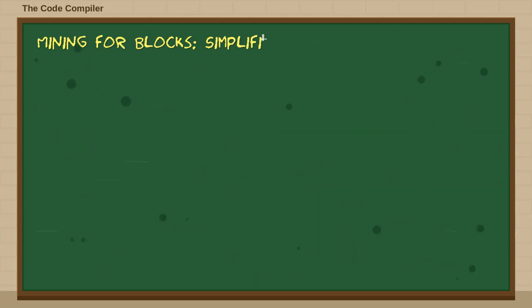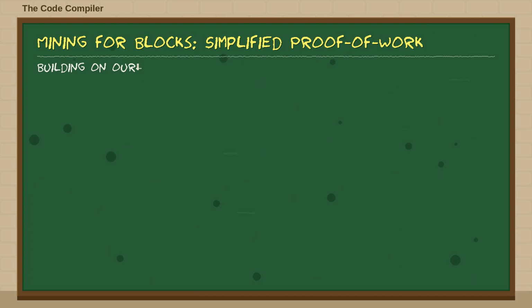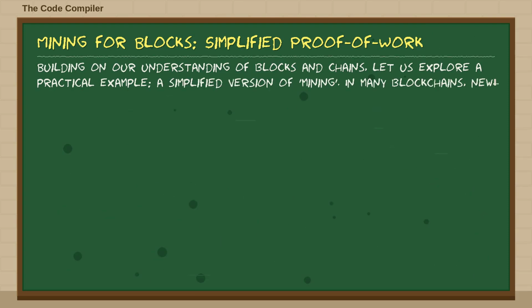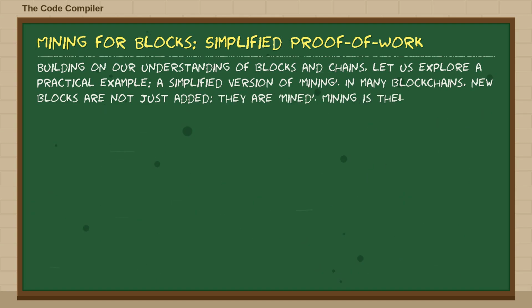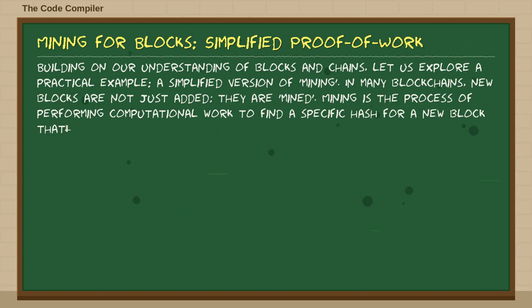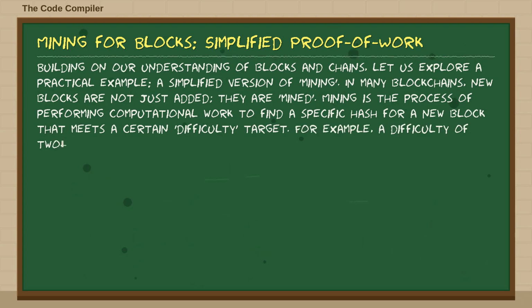Building on our understanding of blocks and chains, let us explore a practical example, a simplified version of mining. In many blockchains, new blocks are not just added, they are mined. Mining is the process of performing computational work to find a specific hash for a new block that meets a certain difficulty target.